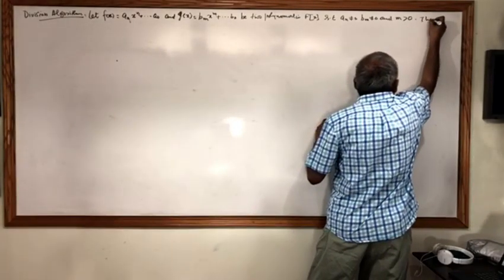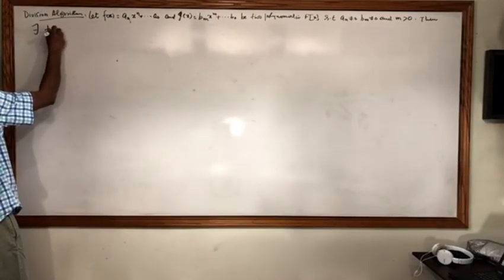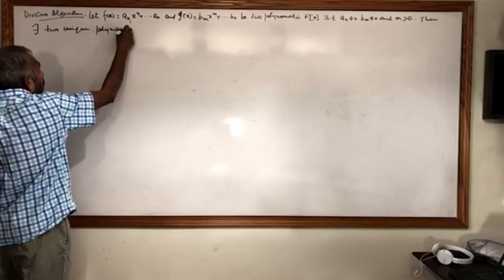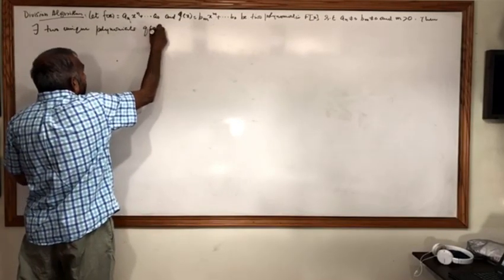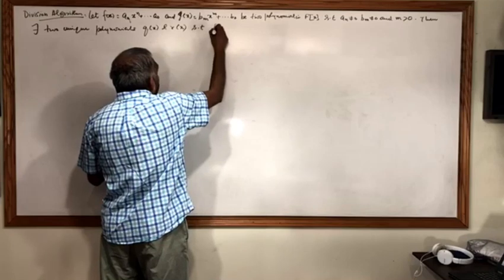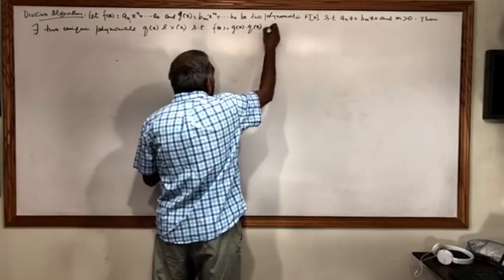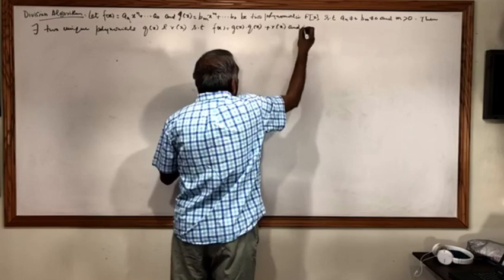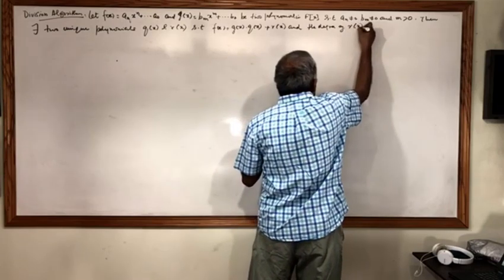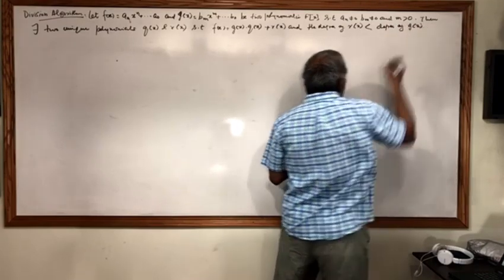Then there exist two unique polynomials, q of x and r of x, such that f of x is equal to g of x times q of x plus r of x, and the degree of r of x is strictly less than the degree of g of x.